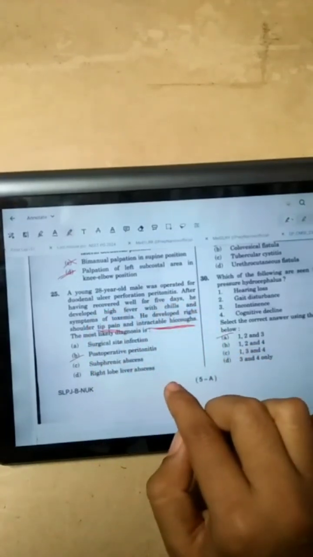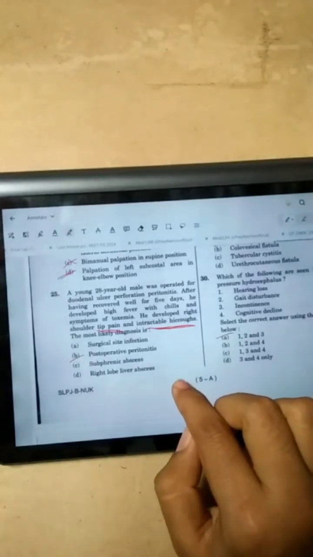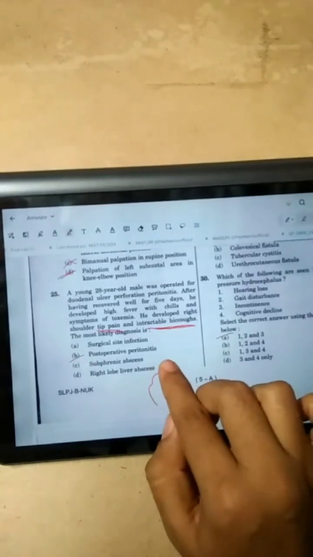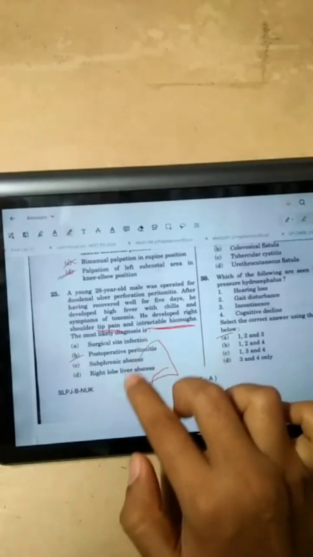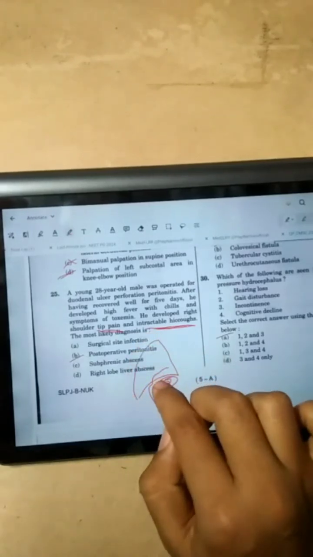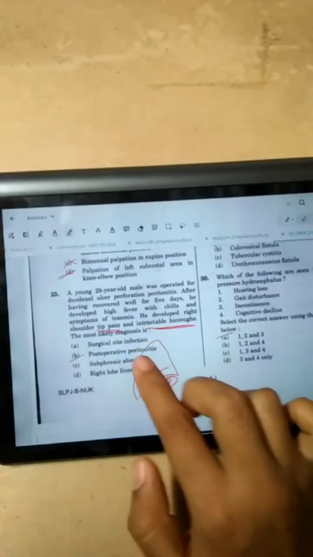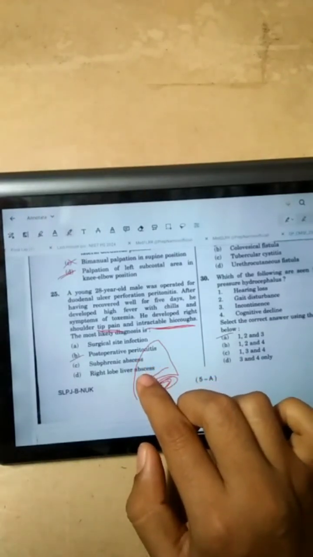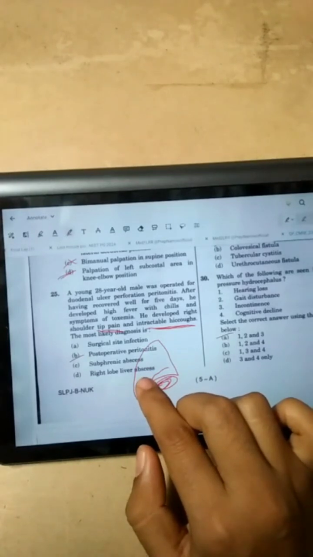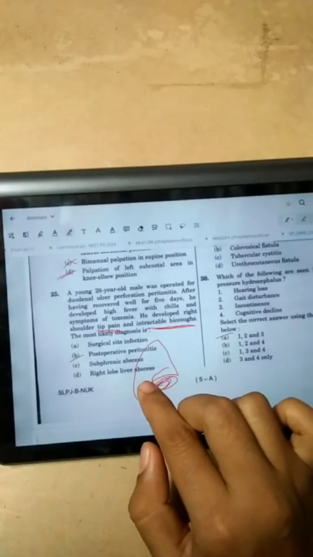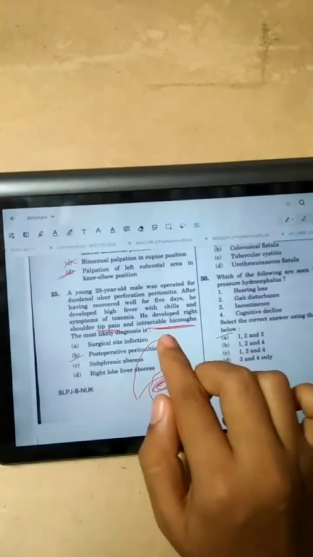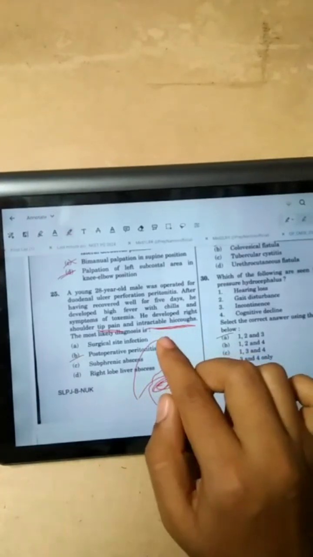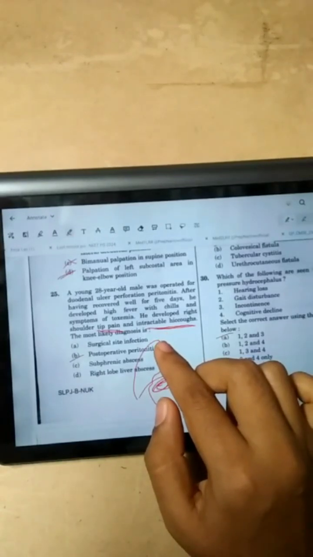Meaning gas under the diaphragm is irritating, so it may be post-op peritonitis. It cannot be abscess. Because of hiccups, I marked it as peritonitis.